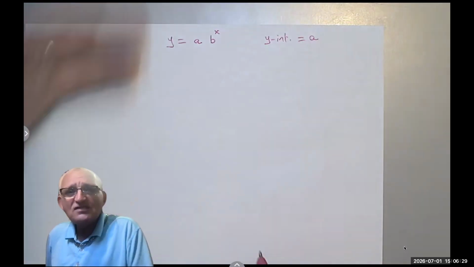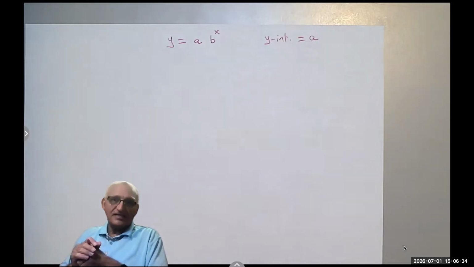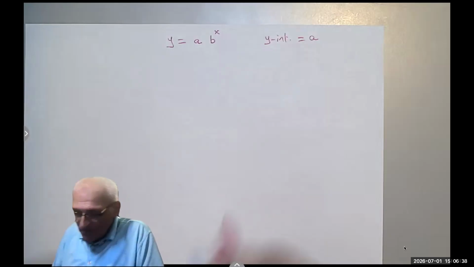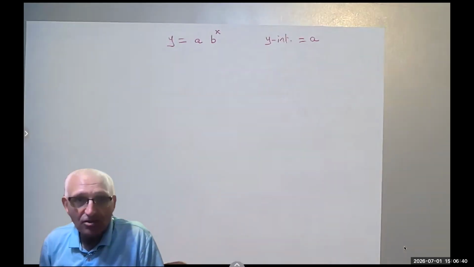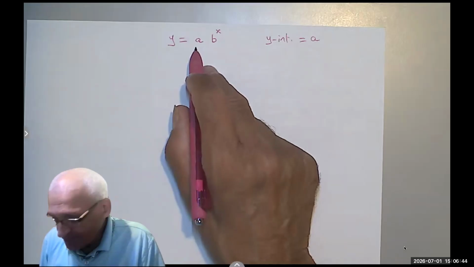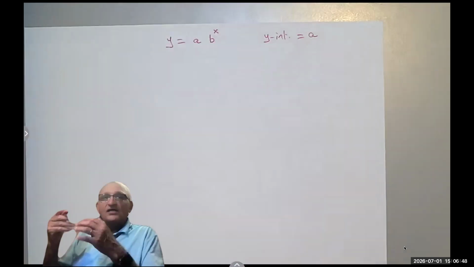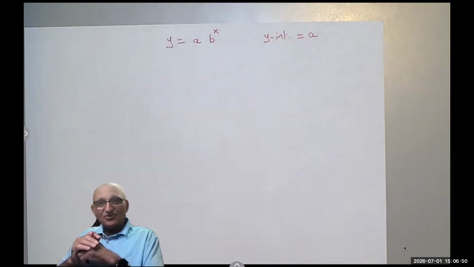But what is the solution for this function? Meaning, when does it cross the x-axis? It turns out that if you set y equals 0, and since a is a constant, for any value of b, you won't find b to the x equals 0.